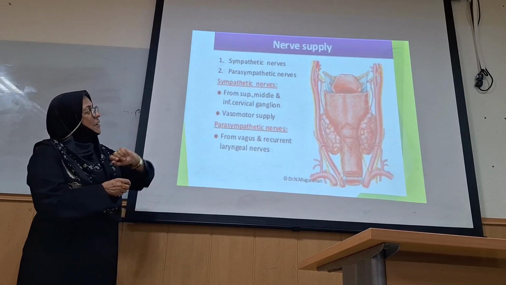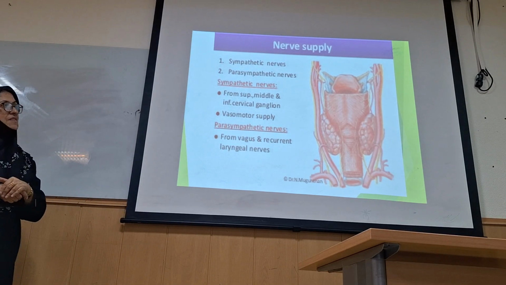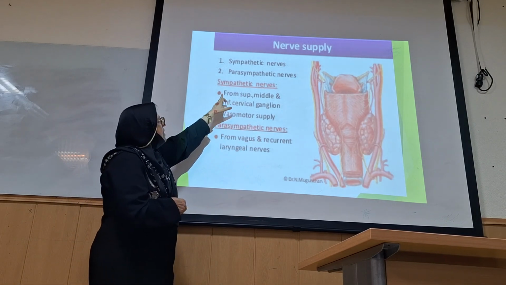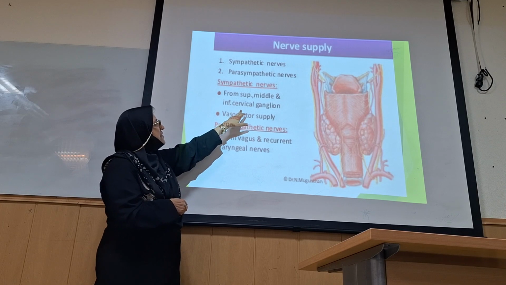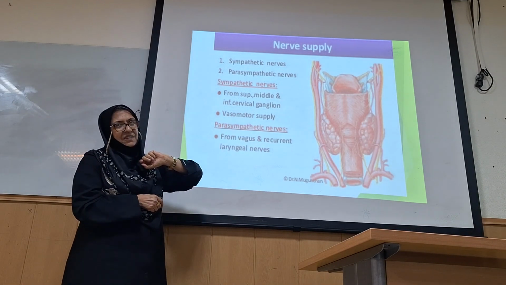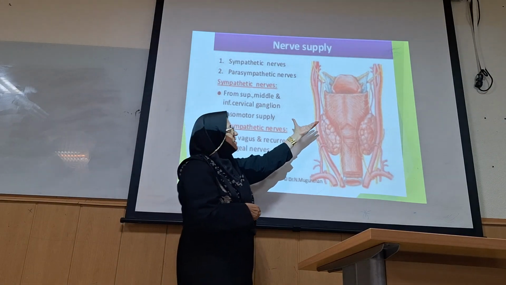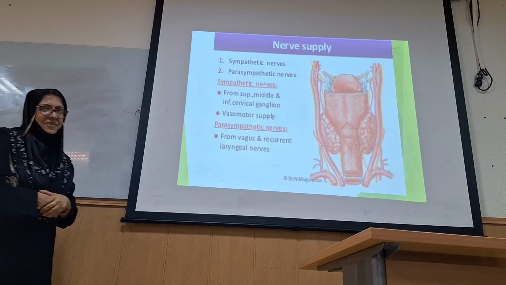For example, sympathetic nerves and parasympathetic nerves supply the thyroid gland. Sympathetic nerves come from the superior, middle, and inferior cervical ganglia. These fibers supply the thyroid gland. Okay?